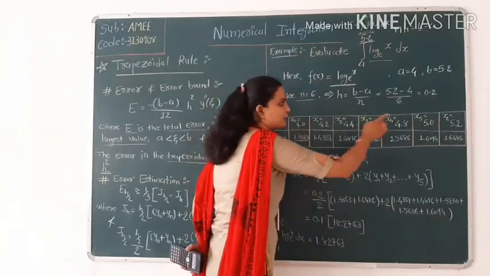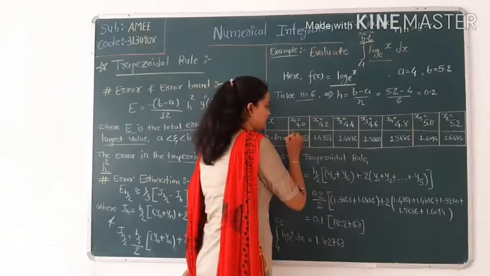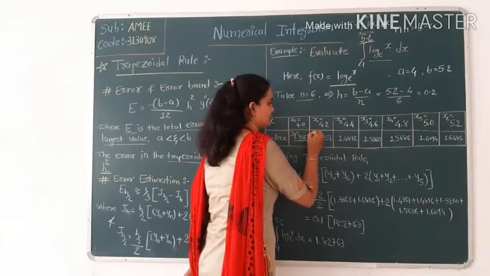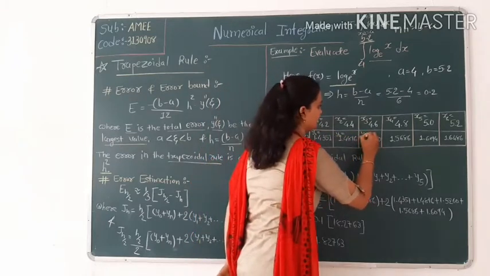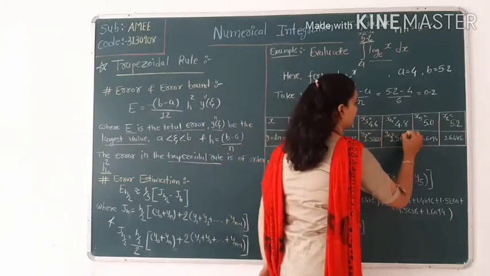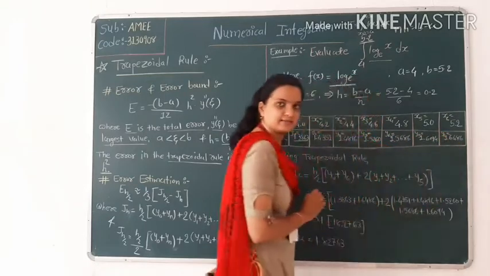Now we have x0 to x6, and same way the corresponding values of y: y0, y1, y2, y3, y4, y5 and y6.